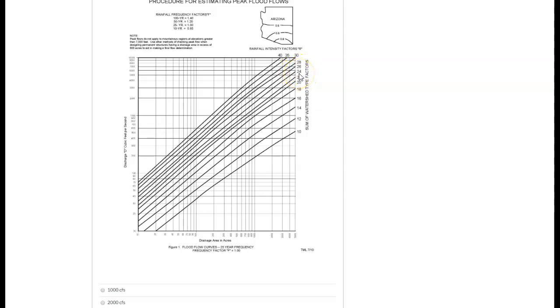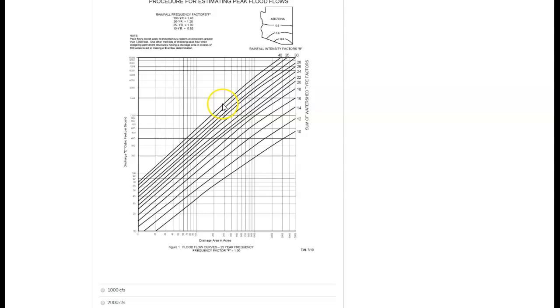And so in order to figure out what drainage discharge is, you come over here and you say, oh, was my drainage area 1,000? Okay, so I'm going to follow the 1,000 line straight up. And what was my characteristic values? Was it 24? I'm going to come down at an angle until I hit my 1,000 line, which is right there.